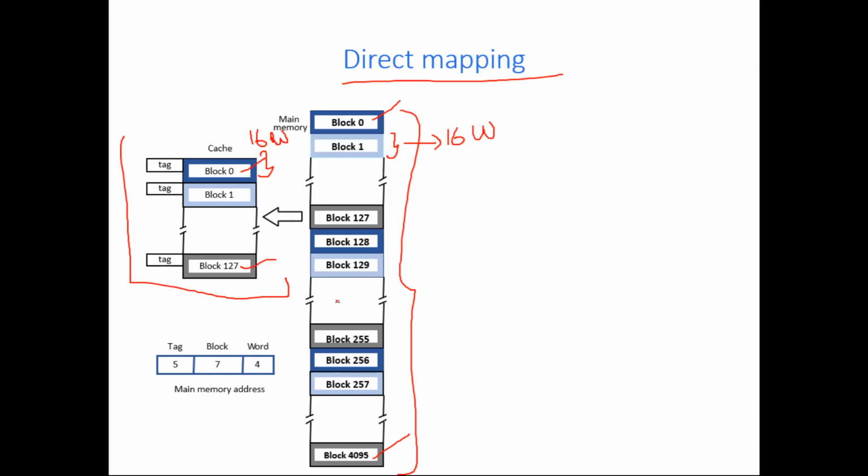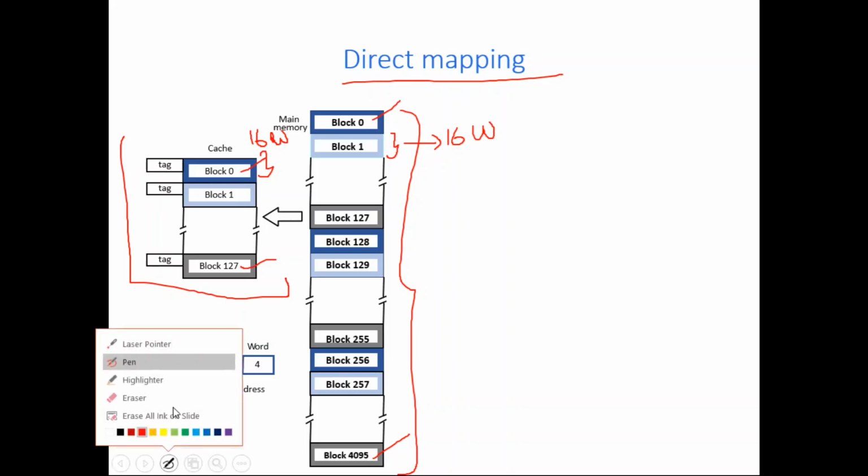Okay, from this 4096 block, any of these 128 blocks can be mapped into the cache memory. Now how is direct mapping going to do that? That is the question. The concept followed by direct mapping is very simple.